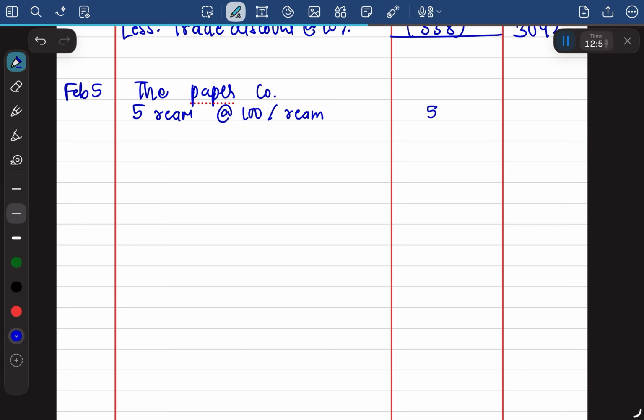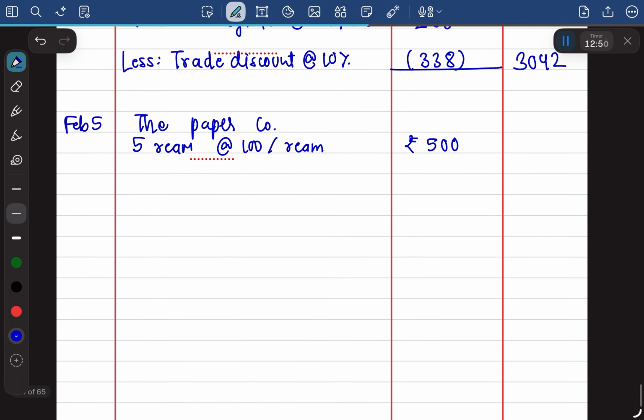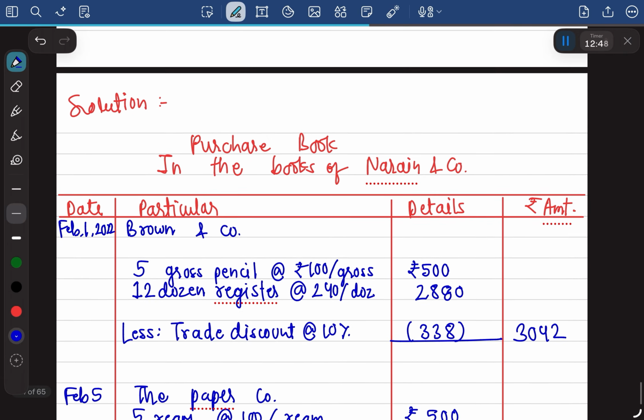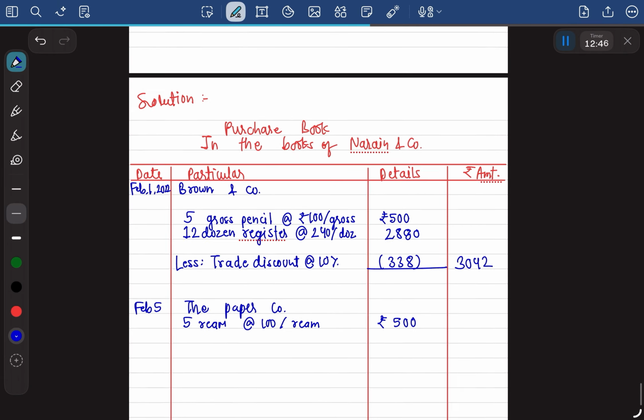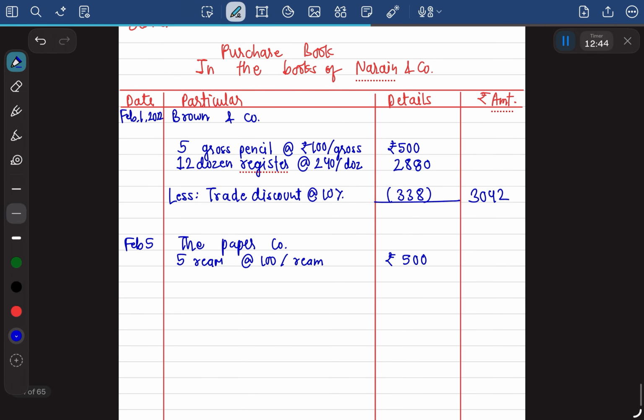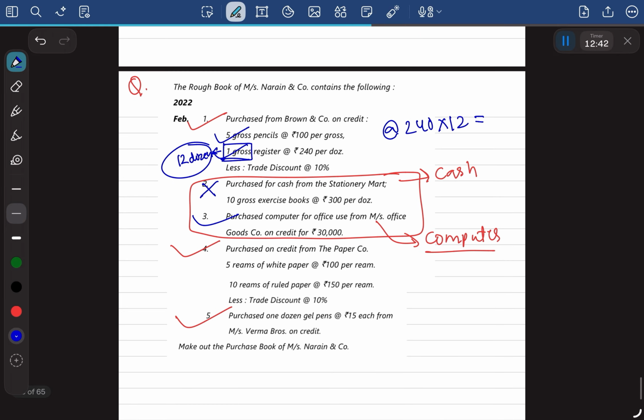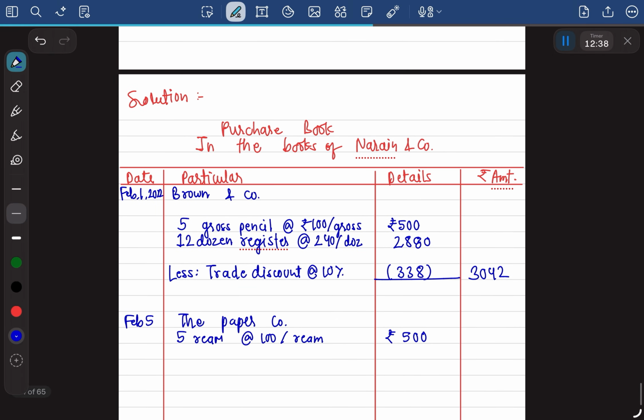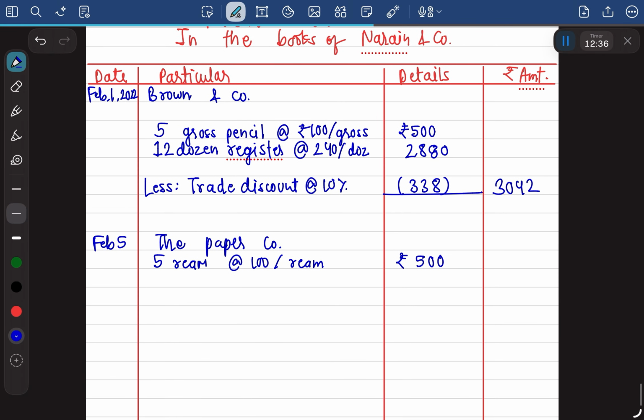So it will be 500 rupees. You are understanding what I am doing here? I am writing this just from the question, and in the detail column I am totaling the amount and less trade discount, nothing else.